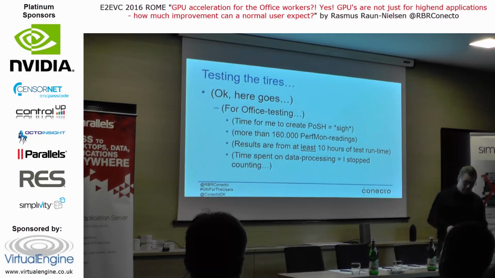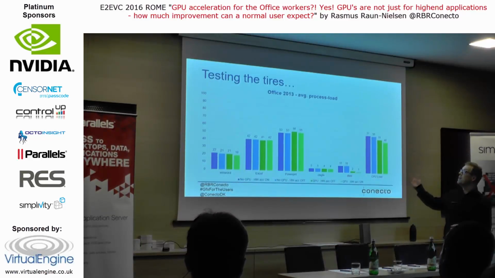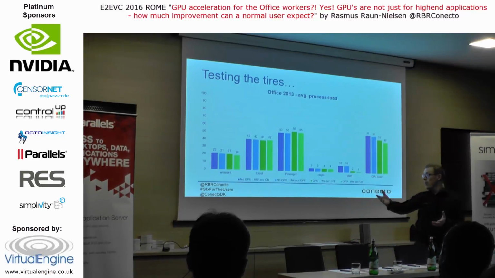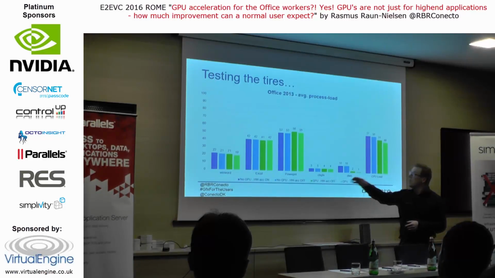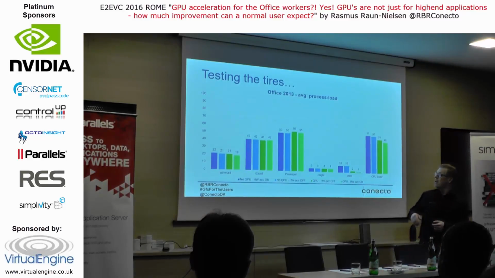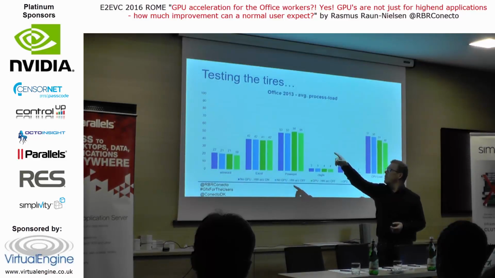Got the data, and the result, as you see here, is Office 2013, the average process load for the given processes. You have the blue with no GPU, hardware acceleration on and hardware acceleration off, the next column. And of course you have with GPU the green ones, hardware acceleration off and hardware acceleration on. And I couldn't quite see any difference.